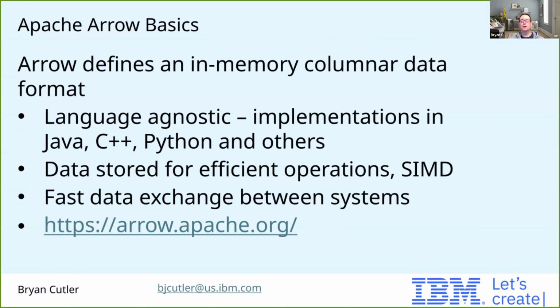I'll start off with just a quick overview of what Apache Arrow is and the basics in case people aren't familiar with that. So the core of Apache Arrow is to define an in-memory columnar data format. This format is language agnostic, which means it doesn't require a specific language, but there are implementations in all the major languages and more. So you have Java, C++, and Python implementations.